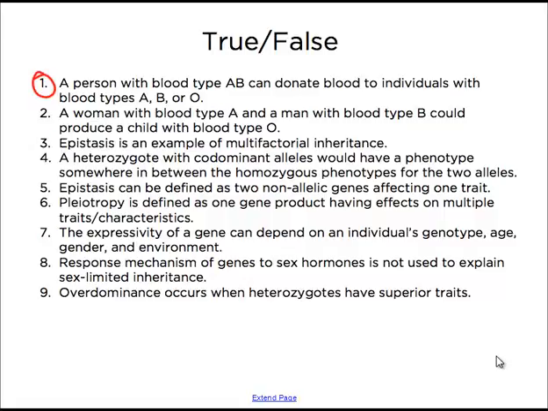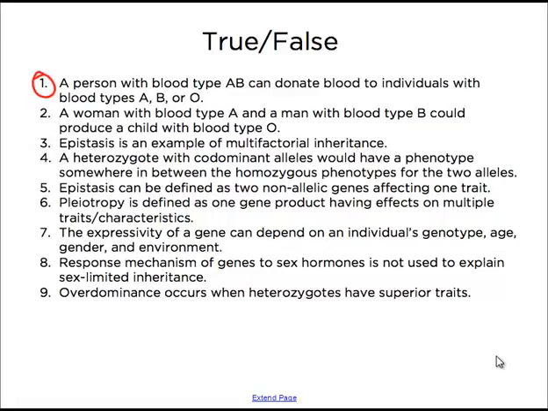Number 1, a person with blood type AB can donate blood to individuals with blood types A, B, or O. Well, this is obviously testing your understanding not of a cross, there's no cross going on here, but just understanding compatibility of transfusions between people with different blood types.